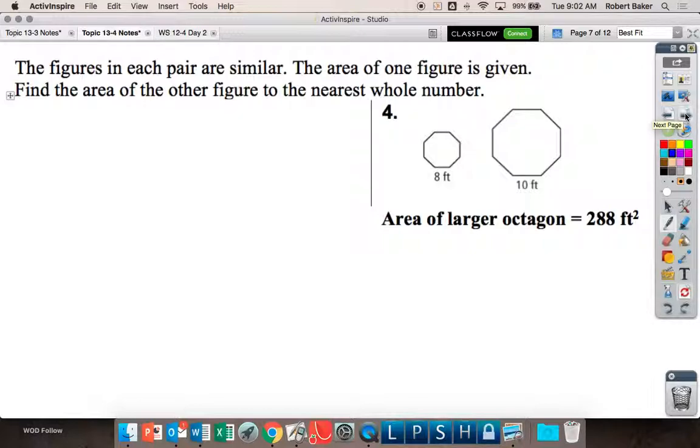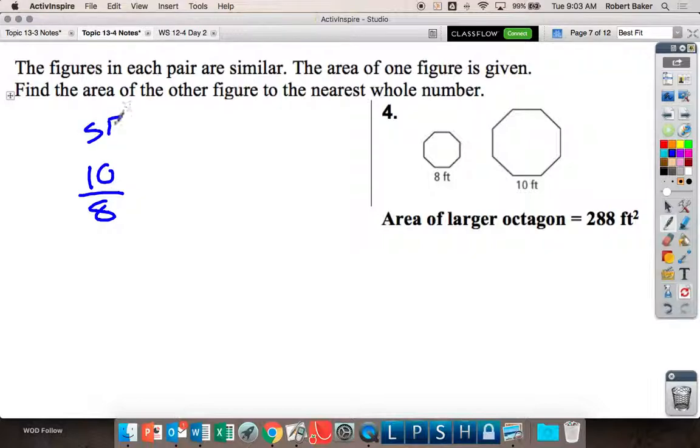All right. Same smell here. We're trying to find the area of the smaller octagon. Area. So we need to set up a proportion. You want to do big over small or small over big? Big over small. So the ratio of lengths is 10 over 8.